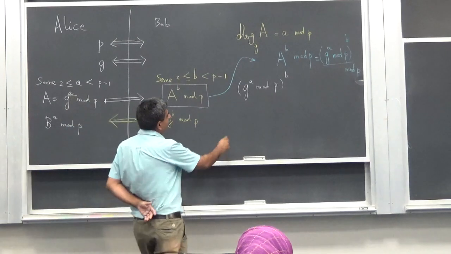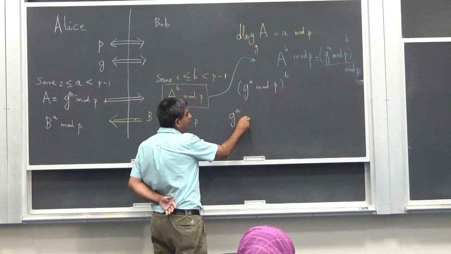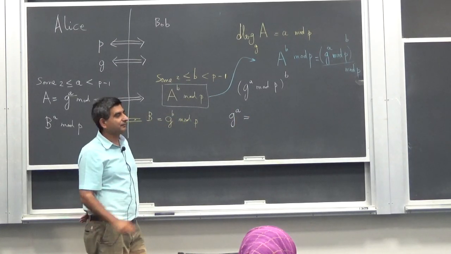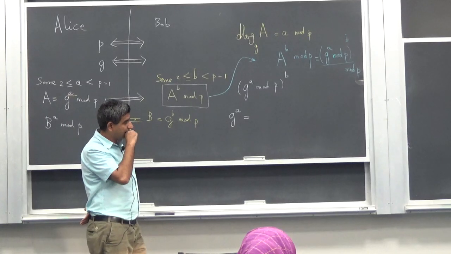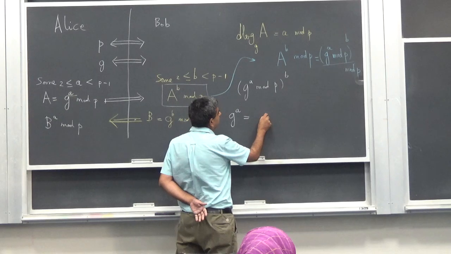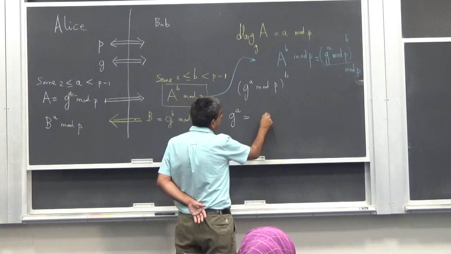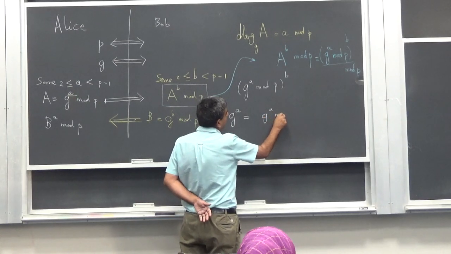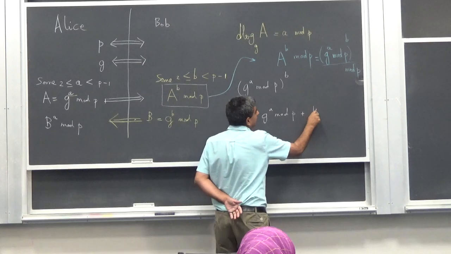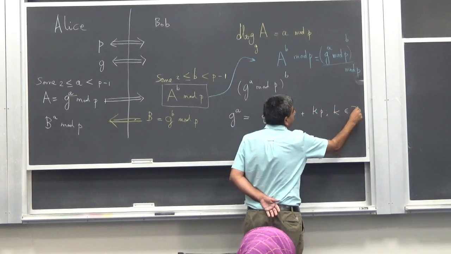First of all, we would know that G^a equals (G^a mod p) plus kp, where k is some positive integer.